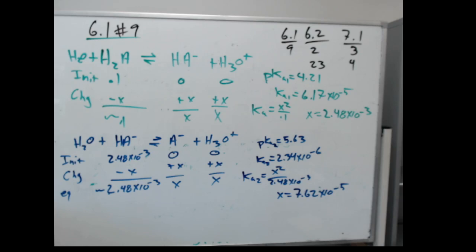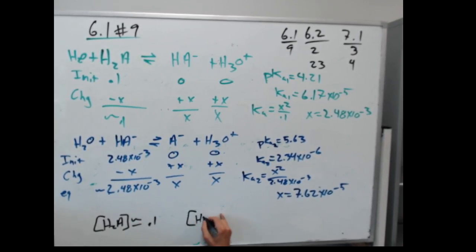So, what does the question ask? The first one's talking about ranking the concentration of each species. Let's look at what we got for concentrations of each species. My H2A is approximately 0.1 still. I use my x is small approximation.